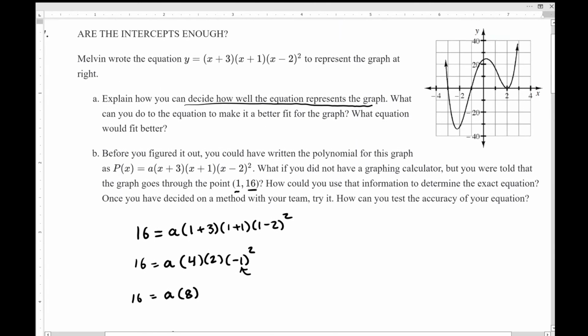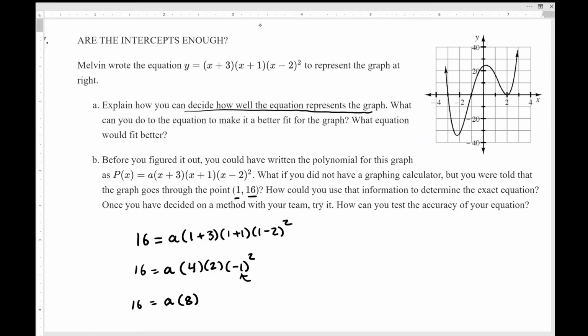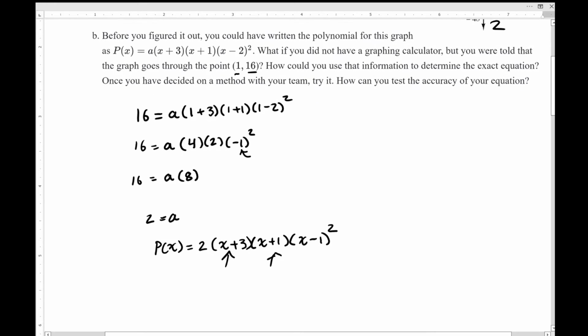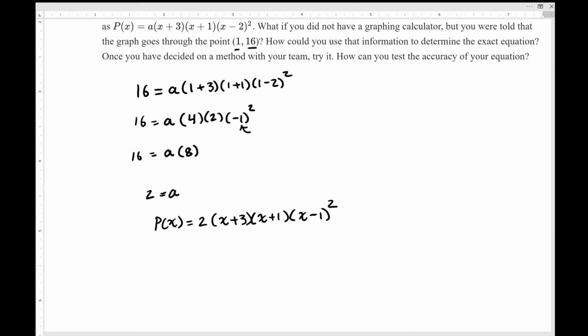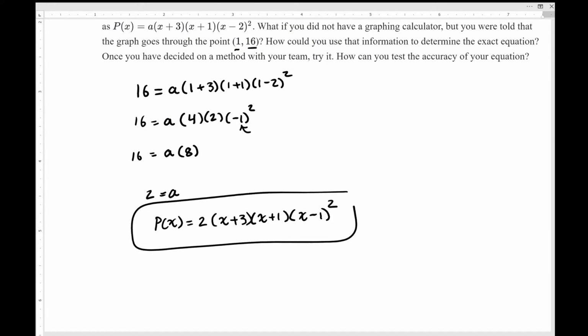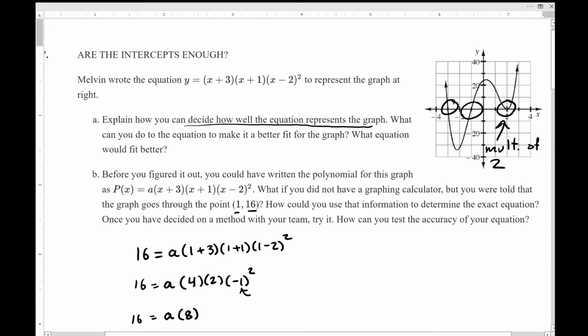And notice you can see the two linear factors crossing right there, and then the quadratic factor with a multiplicity of 2, if you will. A multiplicity of 2. So that's nice. It gives us a better way to write a more accurate polynomial based on the information that we have.